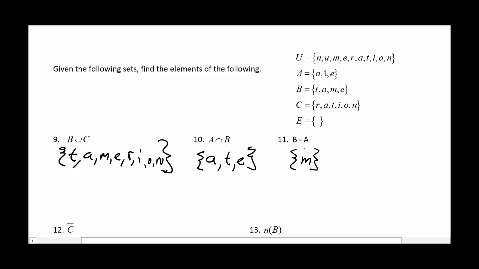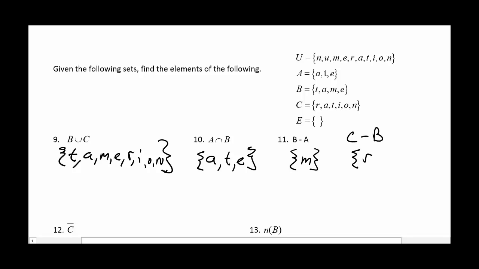I'm going to do a bonus one for you, just to talk about one condition that might show up. I'm going to look at B minus C, or C minus B. I'm sorry, I said one and wrote the other. I'm going to look at C minus B. When I'm looking at C, I can see that C has an R and B doesn't, so it still shows up in the difference.